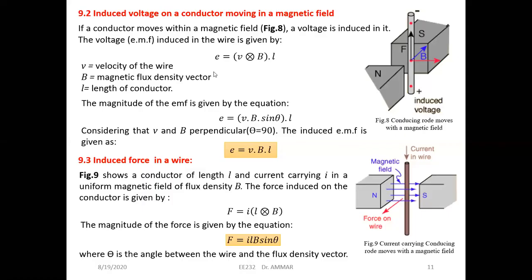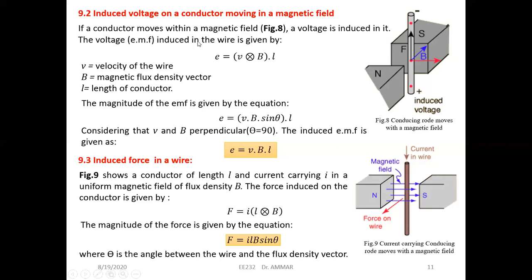In the first case, the conductor is not moving, only the flux is time varying. It's AC, alternating. In the second case, we don't care if the flux is variable or constant, but here the conductor is moving.